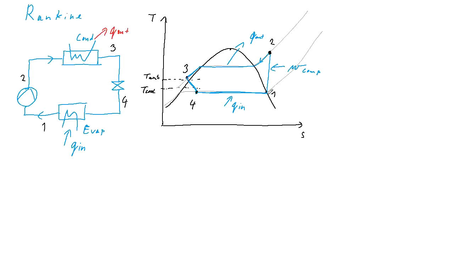If we have the real cycle, so there are some things that make it different from the ideal one. First one, the point 1 over here, would not be exactly on the point of saturated vapor, but typically few degrees higher.